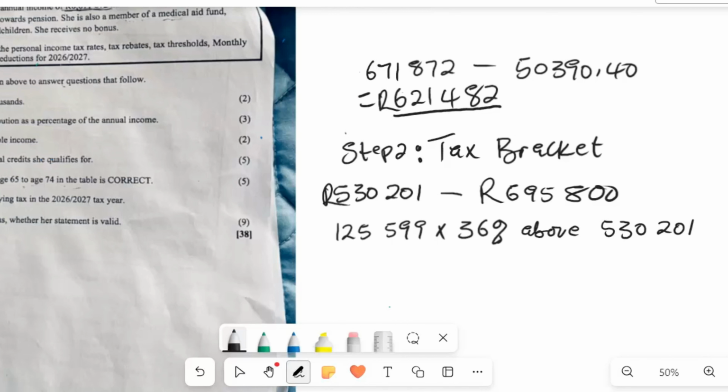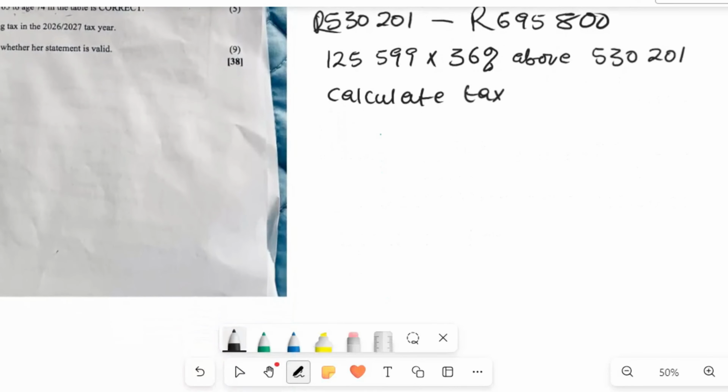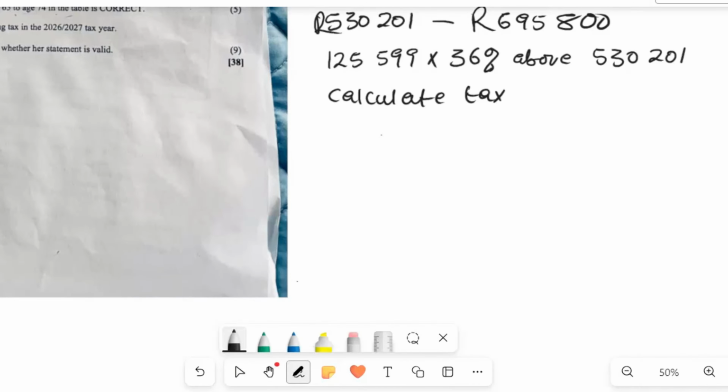Okay, so step 3, let us calculate the tax. We will find the difference between the taxable income and the lowest of the bracket.